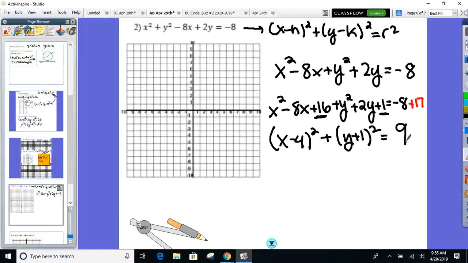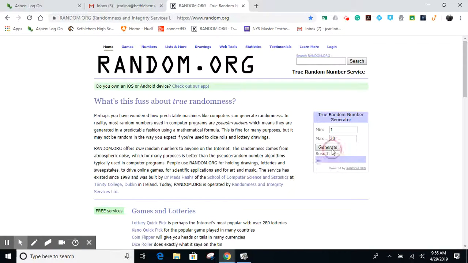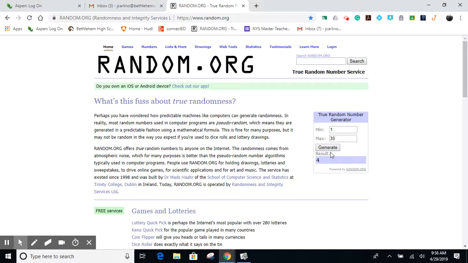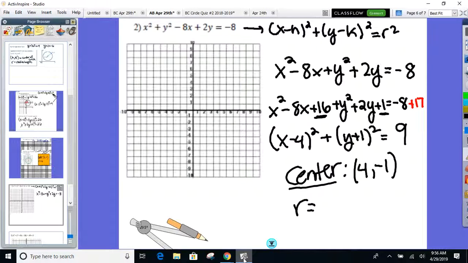And what's my new number over here? 9. Okay, what's your center? What's the center point so I can graph and construct? 1. What's my center point, Matt, now? 4, -1. And my radius length here? 4. What's my radius length? Well, that's radius squared. 3. Go ahead, everyone.